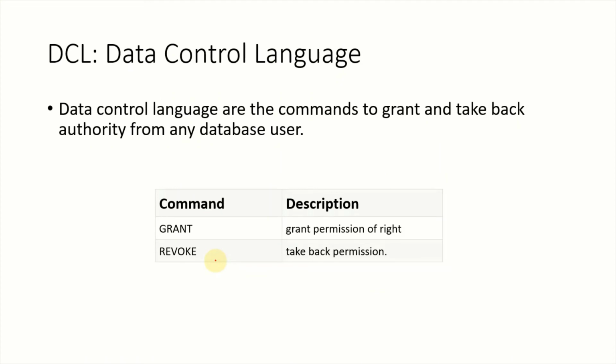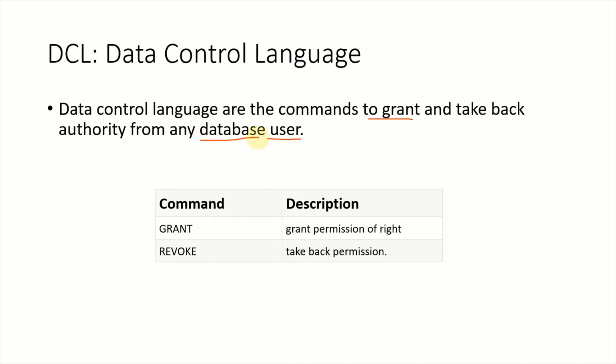Next we have data control language. Data control language is used for granting permissions or privileges to users. It is possible that we may have multiple users of a single database.